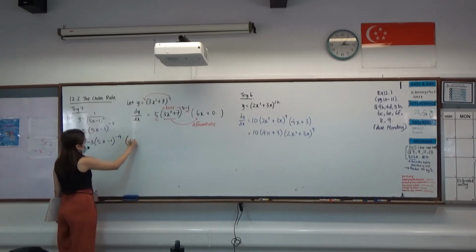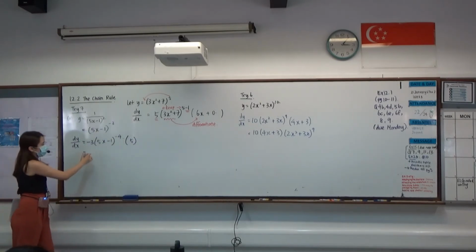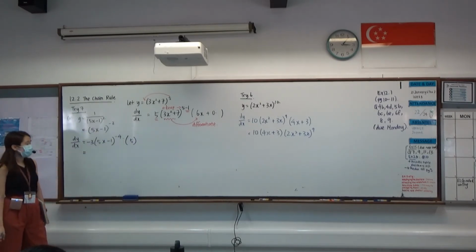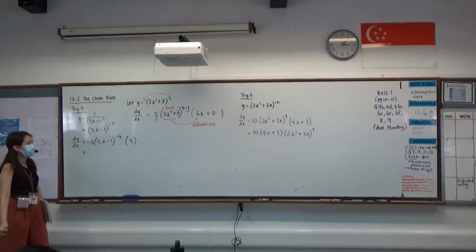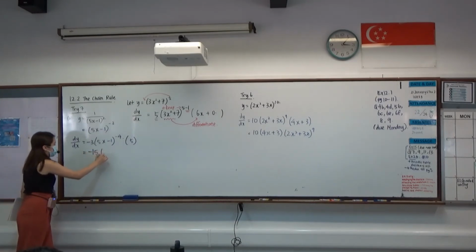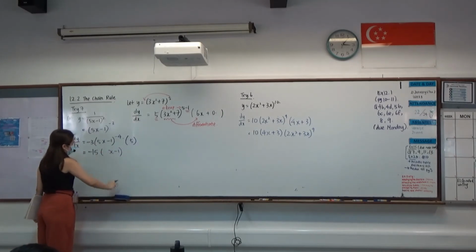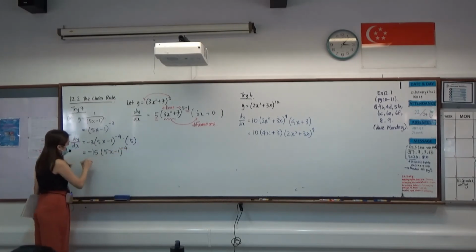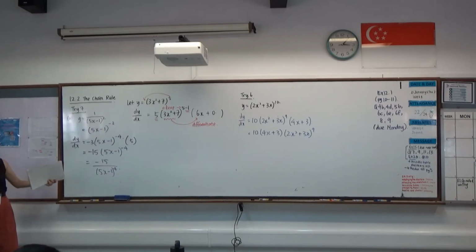And then differentiate 5x minus 1. In this case, it is important to simplify because we can take negative 3 and 5 to multiply with each other to get negative 15, 5x minus 1 to power negative 4, or we can leave our answer in positive index form, which is in this manner.